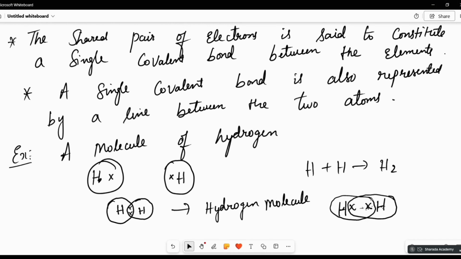That is the meaning. And the bond we write as one covalent bond between the two. So this is a single covalent bond.